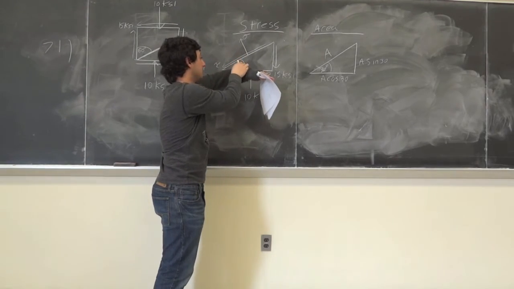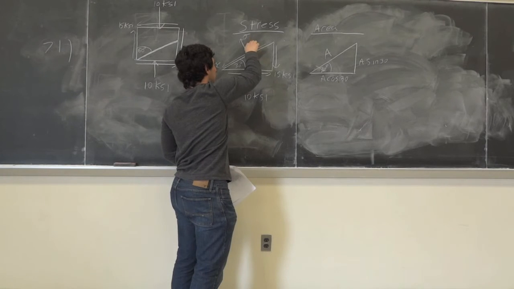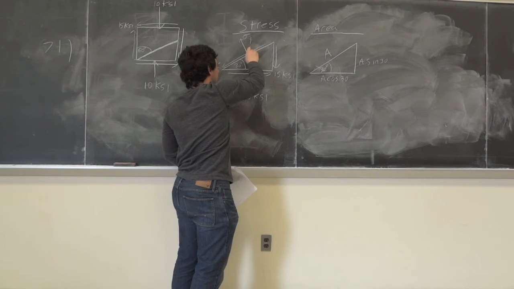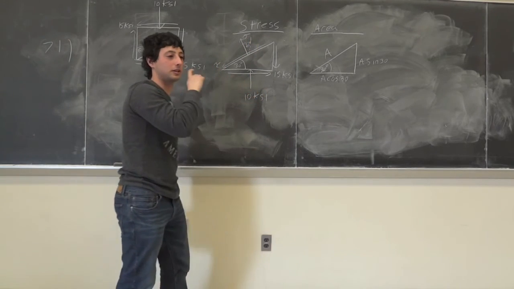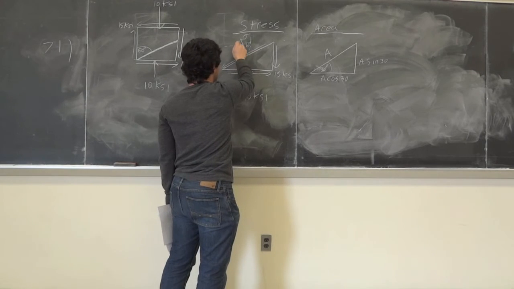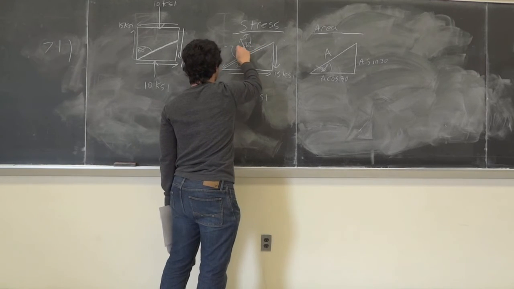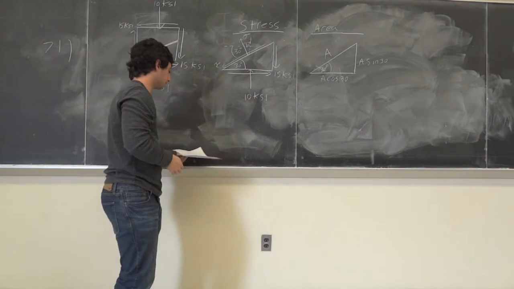We just inclined it 30 degrees. So this angle over here is 30 degrees. You guys agree? You've seen this in physics, whether you know it or not. This angle is 30 degrees, and that means this angle over here is also 30 degrees.